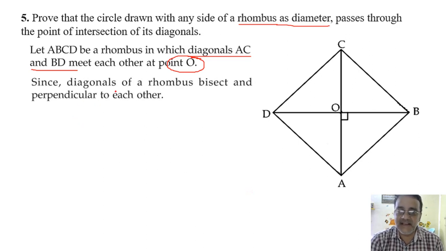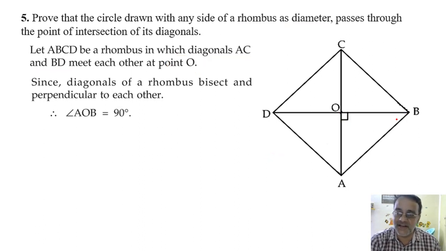Now, since the diagonals of a rhombus bisect and are perpendicular to each other, this angle is 90 degrees. And if we draw a circle with diameter AB, definitely it will pass through O. Why?